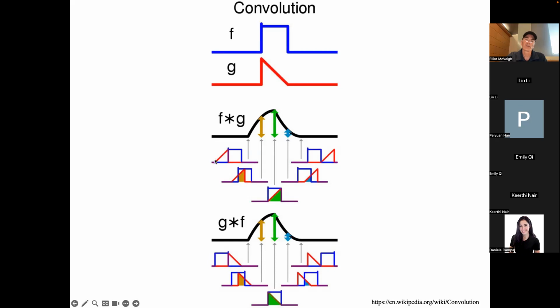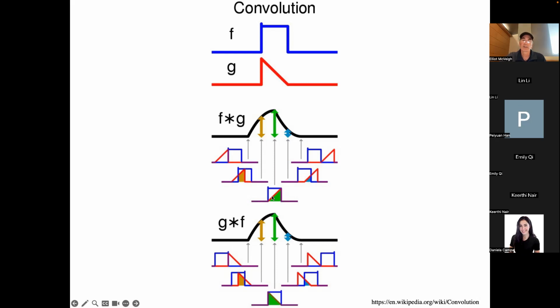We then multiply that flipped g times f for a specific offset in g, because we're going to integrate across. This is just one dimension. We're going to integrate from minus infinity to infinity. And when g does not overlap with f, we get a 0. When g, if we shift this way, overlaps with f such that the product of the two is, because this is 1, this is the product of the two, this area, we plot that area.